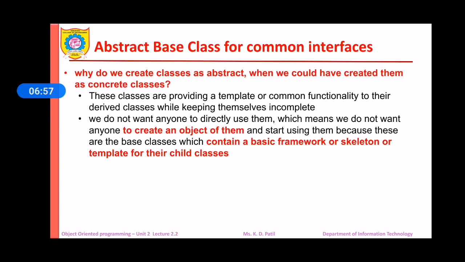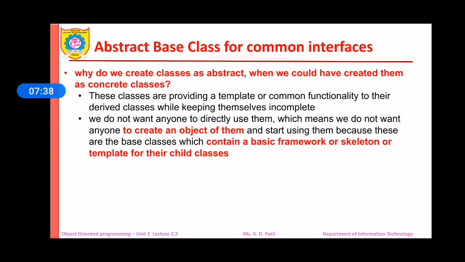And what the derived classes will do, derived classes can derive those methods from the abstract base class, but those derived classes may have a different definition from the abstract class. We do not want anyone to directly use the abstract classes, which means we do not want anyone to create an object for the abstract class and start using it, because these base classes contain a basic framework or skeleton or template for their child classes, and there are a number of child classes for this abstract class.